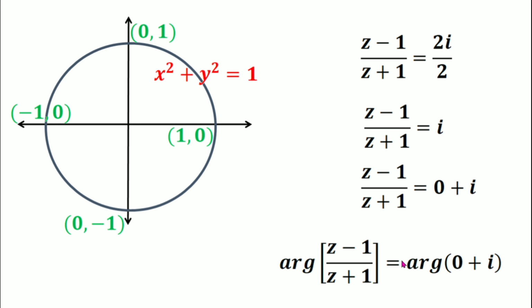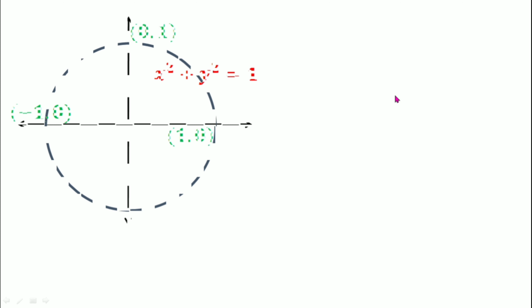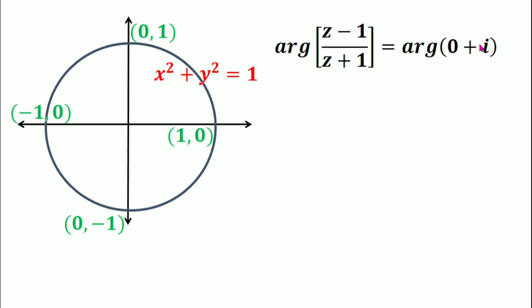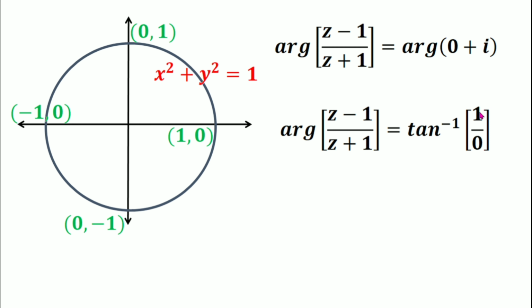Taking argument on both sides, argument of 0 plus i, that is argument of (z minus 1) by (z plus 1), is what? Argument of 0 plus i means tan inverse of imaginary part by real part. Imaginary part 1, real part 0. Tan inverse of 1 by 0 is nothing but pi by 2.